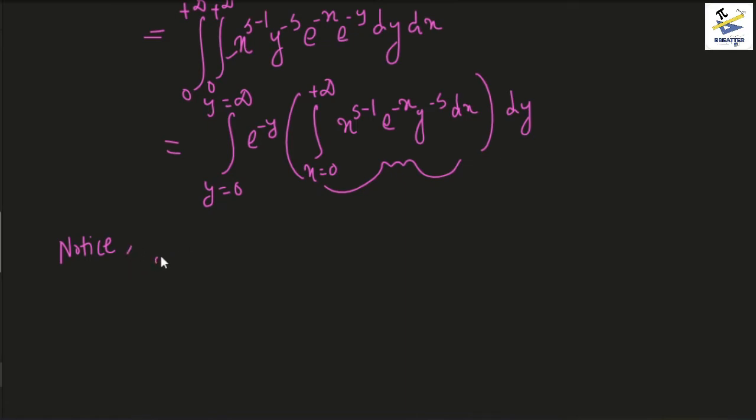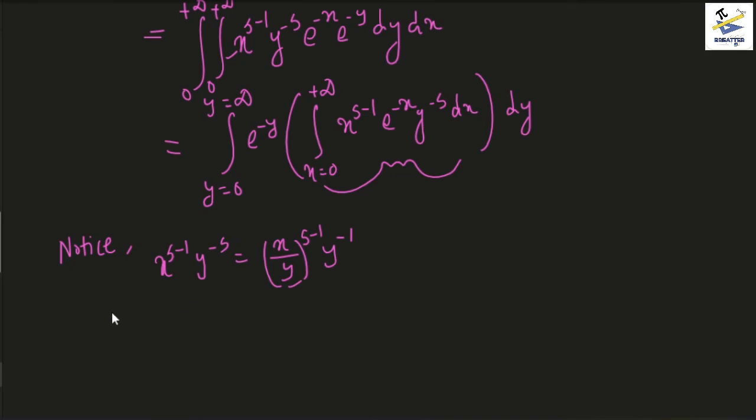Now notice that x to the power s minus 1 y to the power minus s is just equal to x by y to the power s minus 1 multiplied by y to the power minus 1.